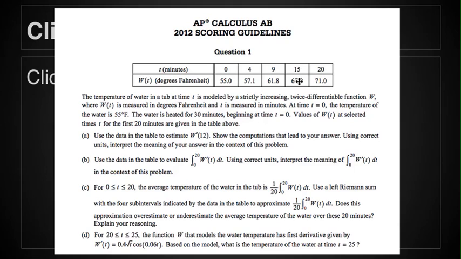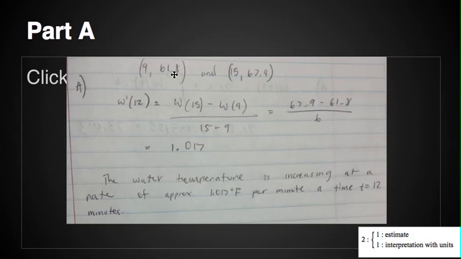Since we're looking for 12, we only care about t equals 9 and t equals 15. So we take these two and put them in terms of x and y as points, and you find the slope between the 2 points, and you should get your answer.